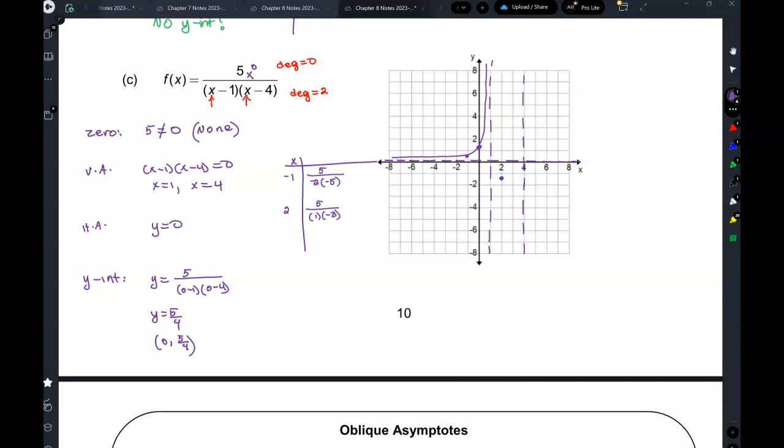That's about -2.5 on the graph. Does this cross the x-axis? No, it does not cross the x-axis.